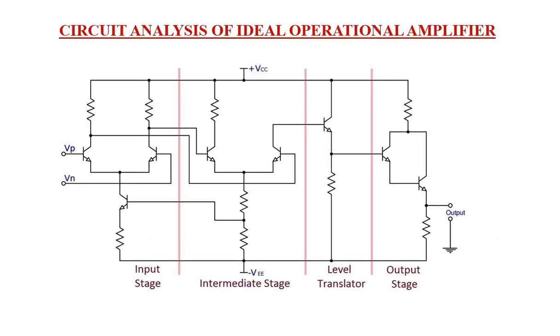Students, this is the simplest structure of operational amplifier. If you closely examine this equivalent circuit, it shows that the operational amplifier is made up of 4 stages: input stage, intermediate stage, level transfer stage, and the final output stage.